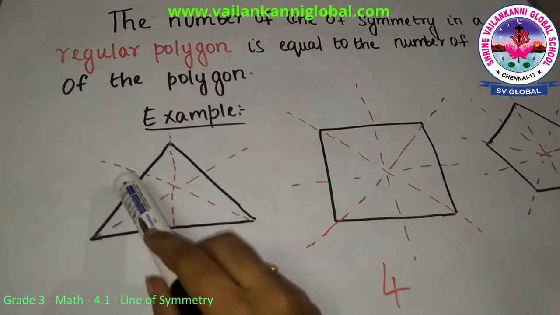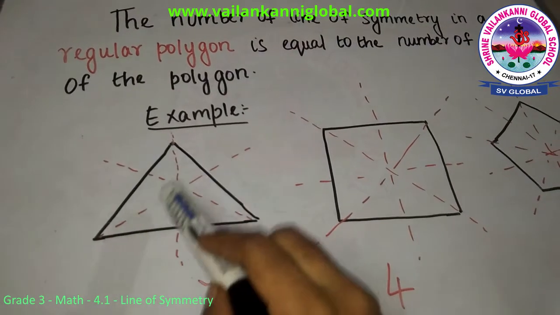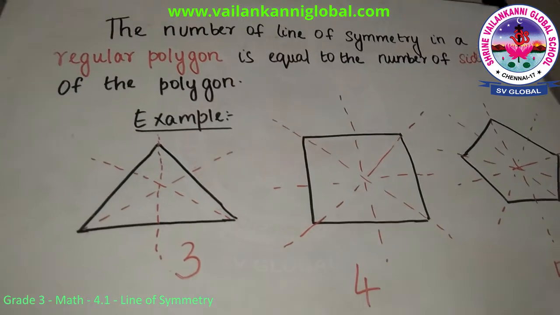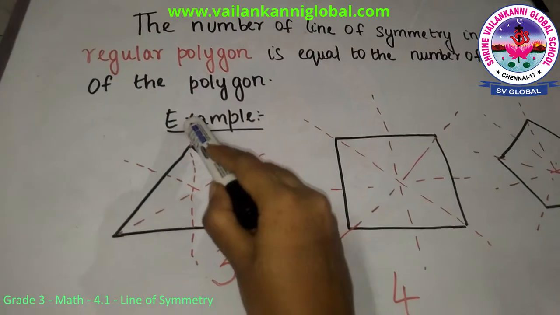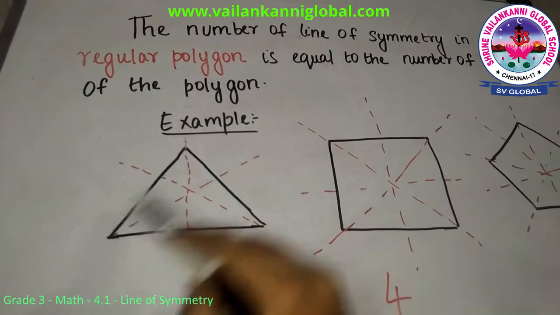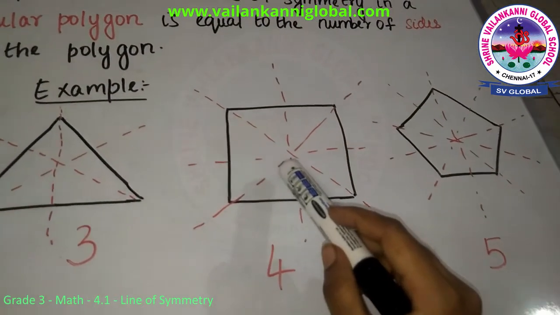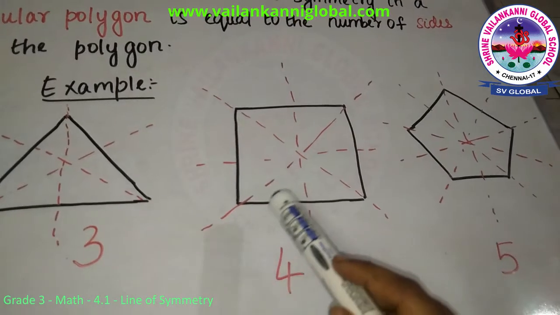So how many sides are there for a triangle? 1, 2, 3. There are 3 sides for a triangle. So the lines of symmetry will also be 3 along the corners. Can you see 1 and 2 and 3? Similarly, this is again a regular polygon in which all sides and angles are equal.